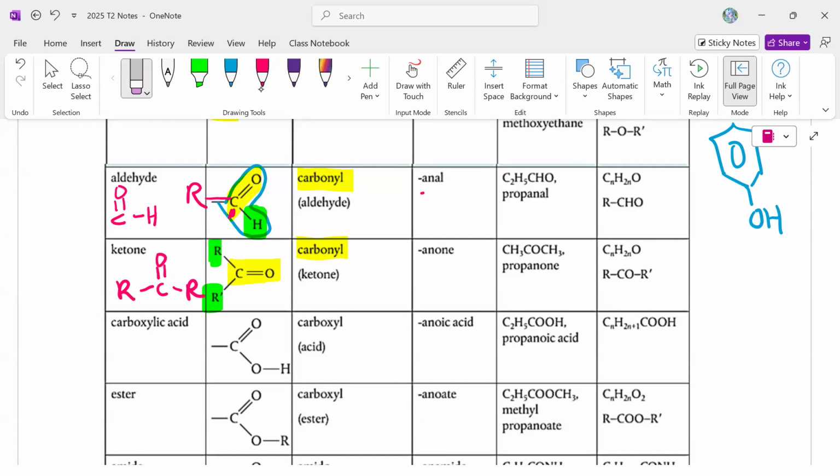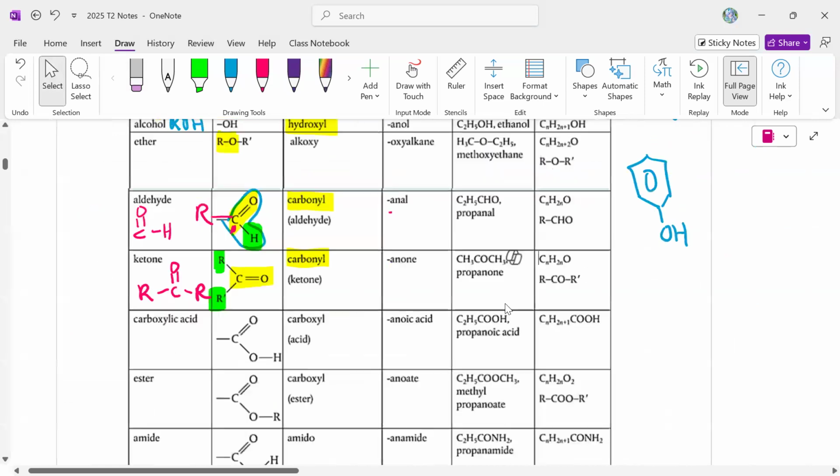But if there's ambiguity and there is a need for you to be clearer, then you have to put in the number. So for this carbon in a ketone, it's never going to be number 1, because on the left there should be some C's, and on the right there should be some C at least. So there's a need to tell me where it is, and there's a need for the number if there's an ambiguity.